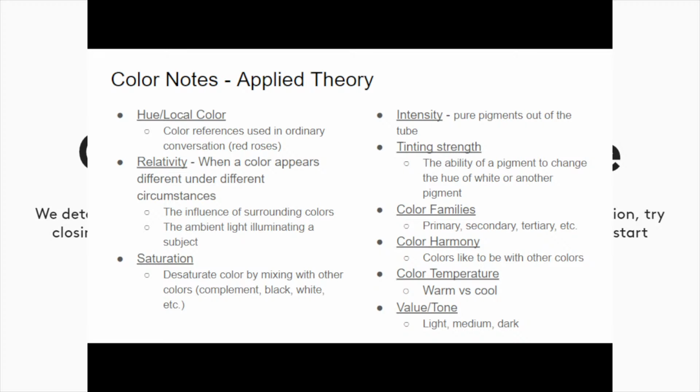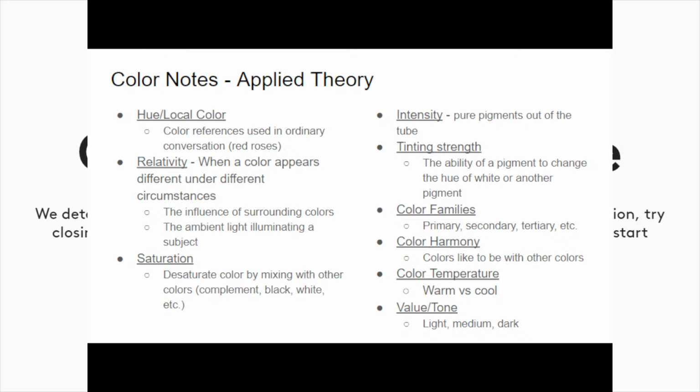The phthalo blue and phthalo green are other examples of colors that have really high tinting strengths, and you only need to add a tiny bit of it to your white in order to change that white to a tint. So that's what it refers to. Just because we have these mixtures in the tubes, it doesn't mean they all have the same strength in the same amount.